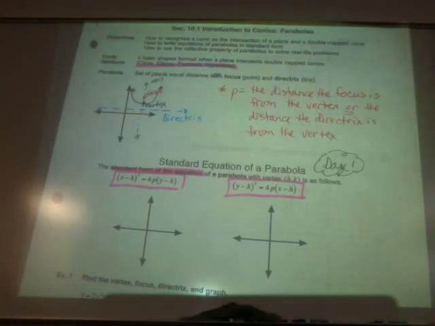You can see the vertex from the standard form, whereas when you learned how to graph parabolas in Algebra 1-2, you had to calculate the vertex using the opposite of b over 2a as the x value. Remember that? Well, here all you have to do is put the equation into standard form and you can see the vertex right from the standard form. So you've got x minus h squared, but this one's y minus k squared.